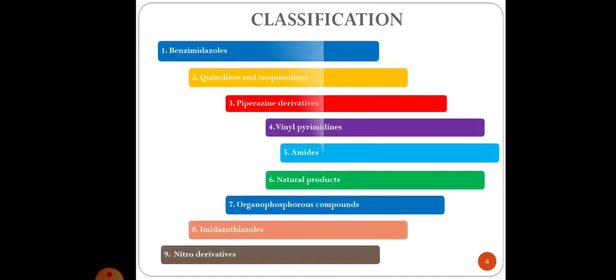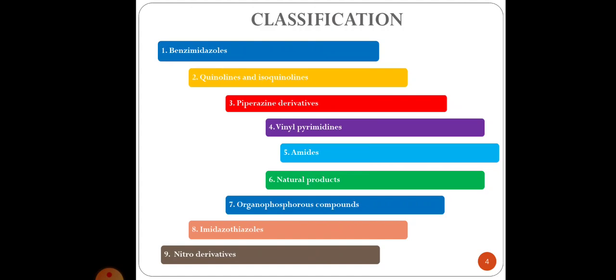Coming to the classification of the anthelmintic agents, there are totally 9 different classes of drugs employed for the treatment. First one, benzimidazoles. Second one, quinolines and isoquinolines. Third one, piperazine derivatives.